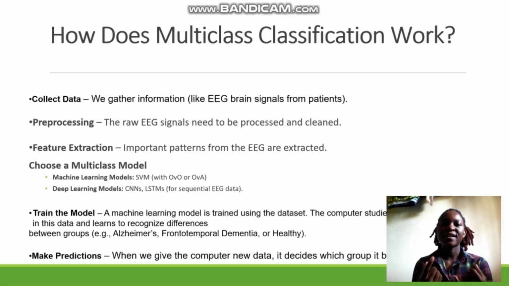Like in our project we are classifying dementia diseases, and we want to collect brain waves from the participants suffering from each of the diseases, from each of the types of the dementia, and then from the healthy individuals as well. So we will go and then scan the brains, and then we get the brain signal waves. So that is the data we are going to be using.